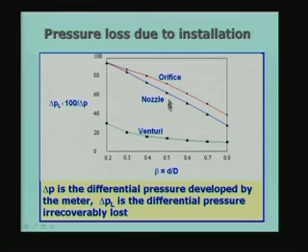So the expense goes up in this direction, and as the expense goes up, the pressure loss also goes down. So you have to decide based on what the requirement is. Accordingly, you decide whether to use an orifice, nozzle or venturi. Cost wise, the orifice is the cheapest, the nozzle is more expensive, and the venturi is the most expensive of the three different types of measuring devices.